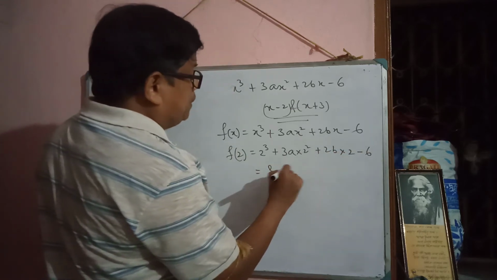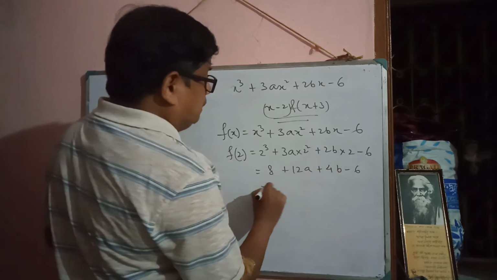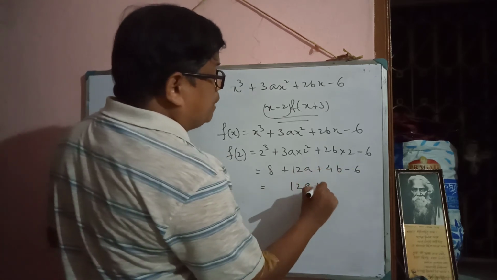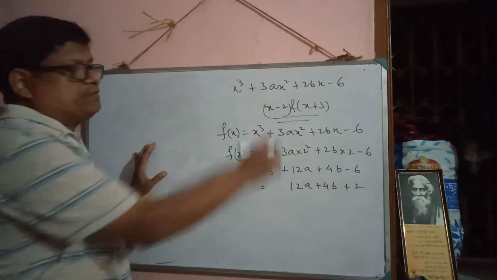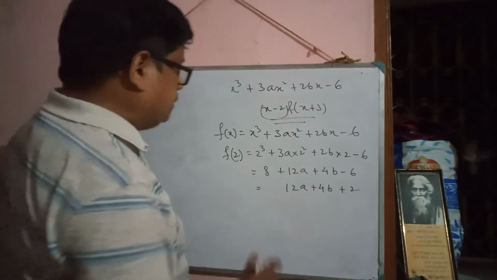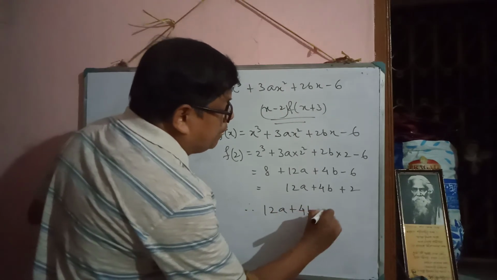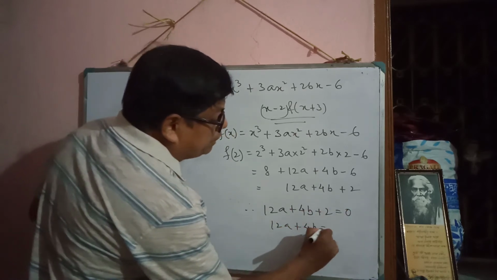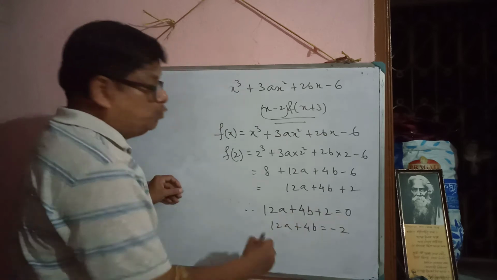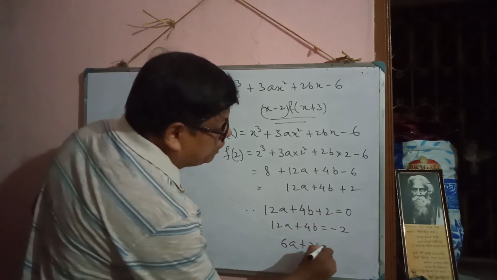That is 8 plus 12a plus 4b minus 6, that is 12a plus 4b plus 2. Since x minus 2 is a factor, 12a plus 4b plus 2 equal to 0. Then 12a plus 4b equal to minus 2. Dividing by 2, that is 6a plus 2b equal to minus 1.